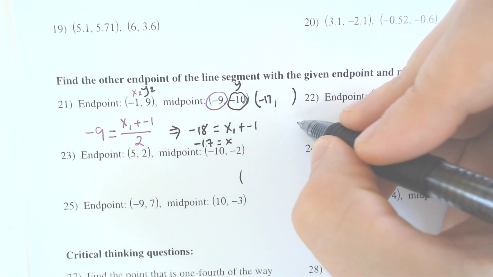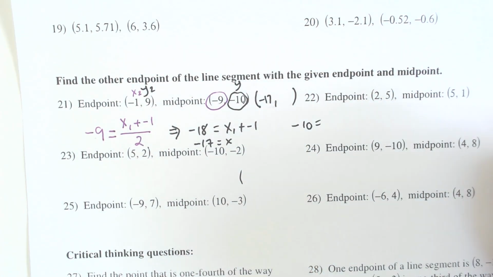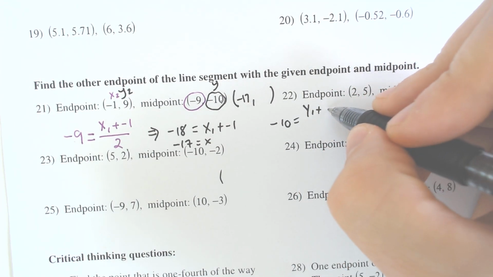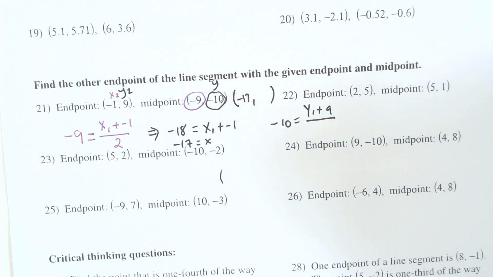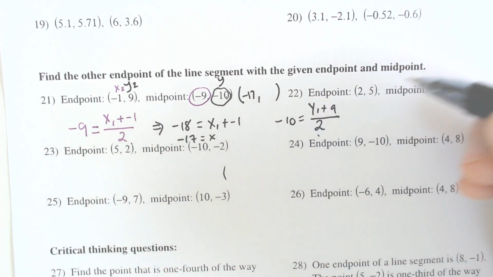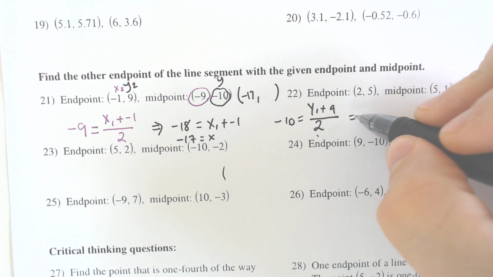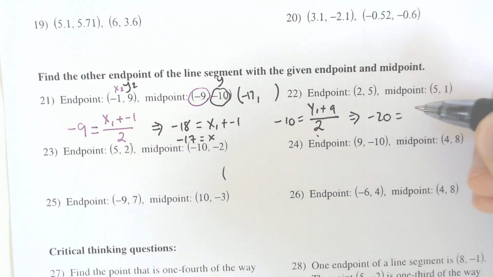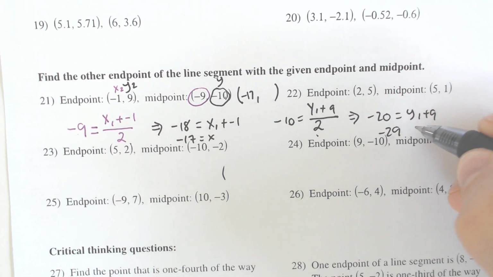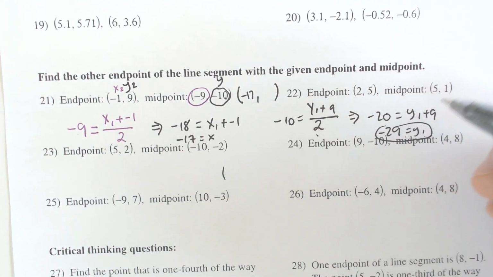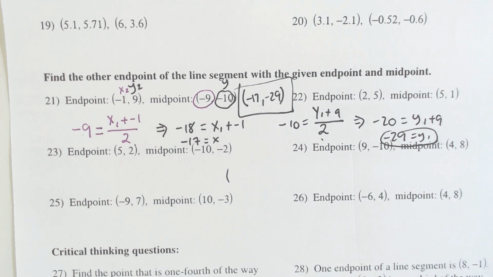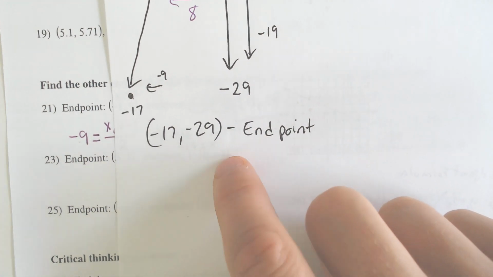Plug in the y value of the midpoint, which is the y values added together divided by 2. We knew that one of the y values is 9, so we do y1 plus 9 divided by 2. You multiply by 2, and you get -20 would equal y1 plus 9. Subtract 9, and -29 would equal that other y value of the endpoint, which is what we got when we graphed it.